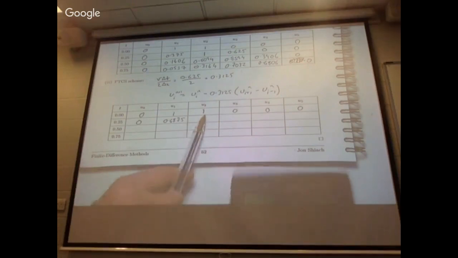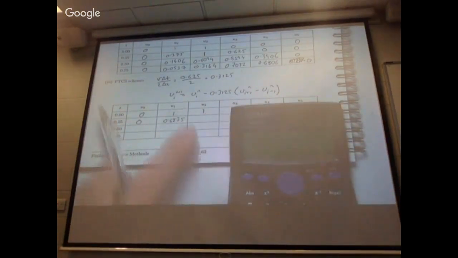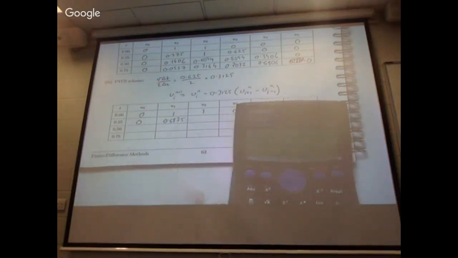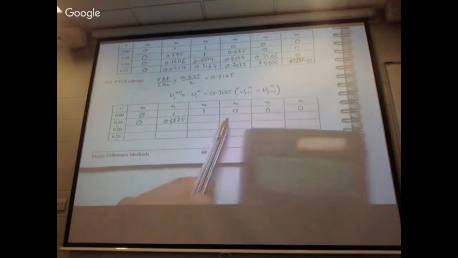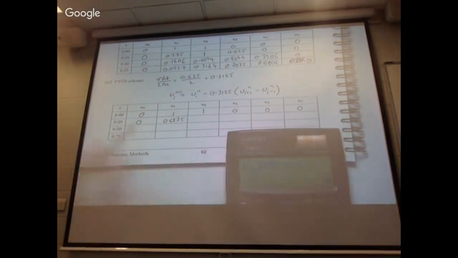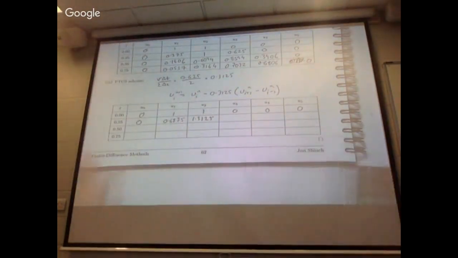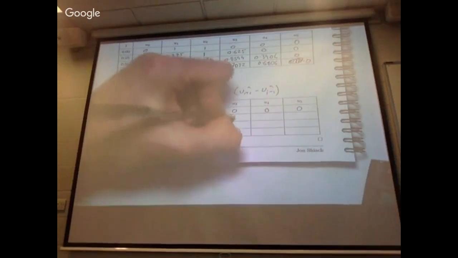Okay, and this one is going to be 0 minus 1. So we're going to have 1 minus 0.3125 times 0 minus 1. So we're taking the node to the right minus the node to the left. Okay, 1.3125.